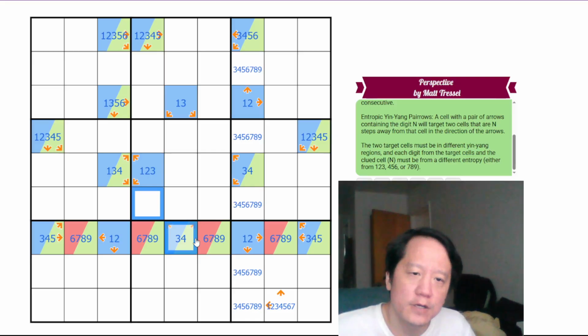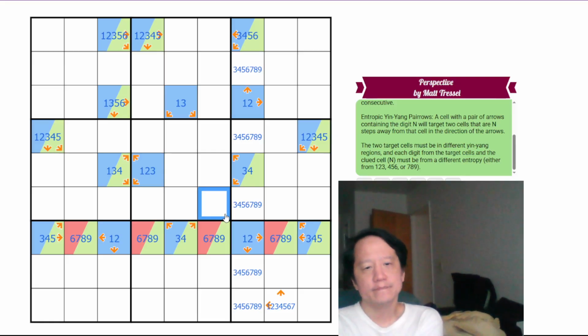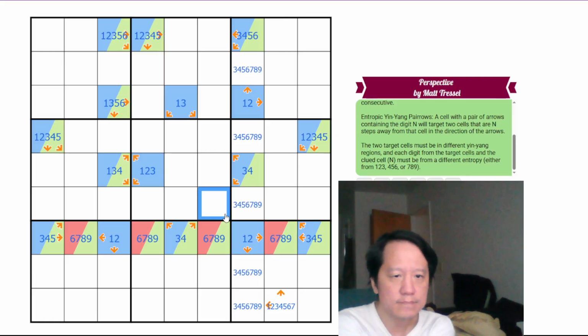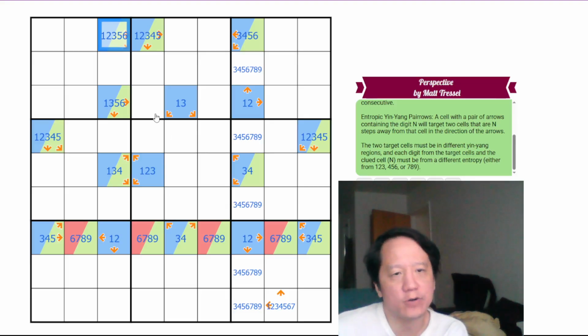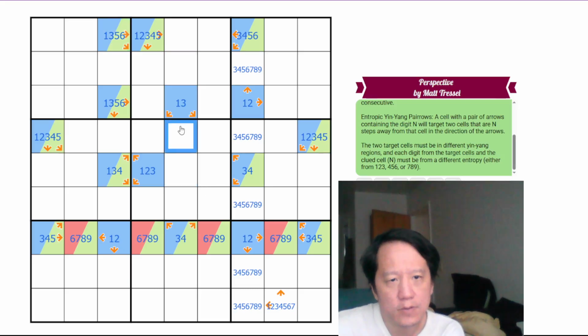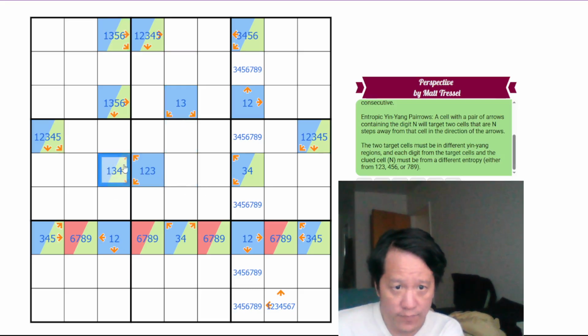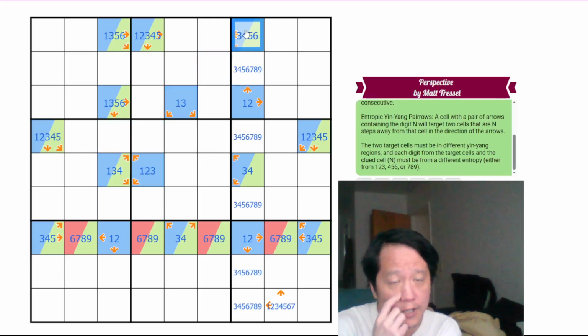So 3, 4 works. 2 cannot work anymore. If this is 2, that guarantees this is low and that's low, and that doesn't work. So this can't be 2. 4 away could work if this is 3.